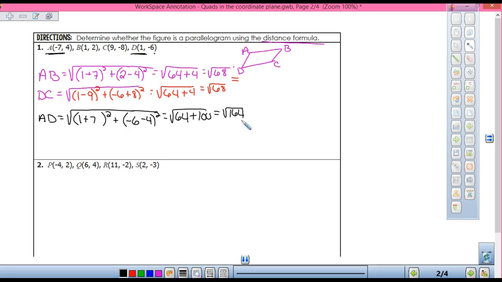Okay, we have to check to see if AD is congruent to who? BC. So now we've got to use BC.